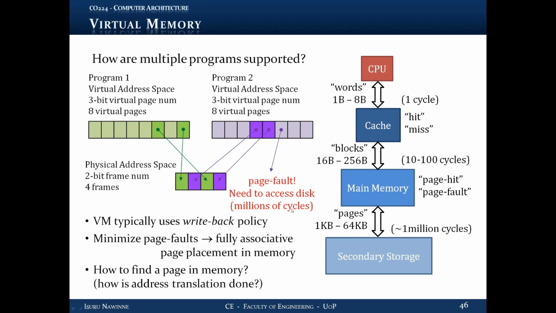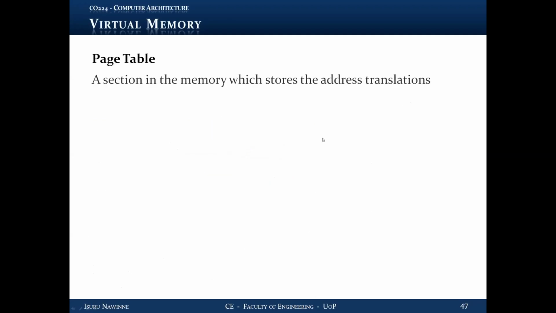In caching, we use hardware comparators to do the search to verify whether this is the block that the CPU is actually looking for. Now, main memory address translation is done in a different way. And how that is done is by using something called a page table.